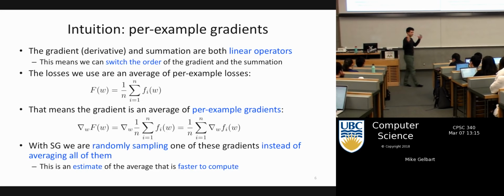Okay, so I'm hoping your state of mind at this point is something like, yeah, that doesn't sound great to do this loop over n every time. It's going to save me a lot of time if I only pick one example or a small number. But is that going to have anything to do with stepping in the right direction?